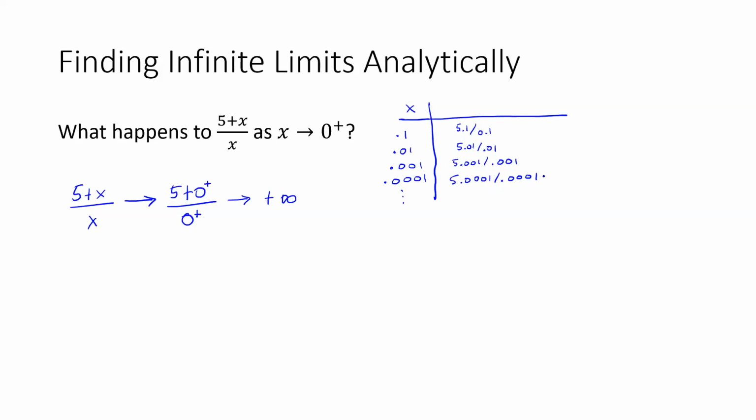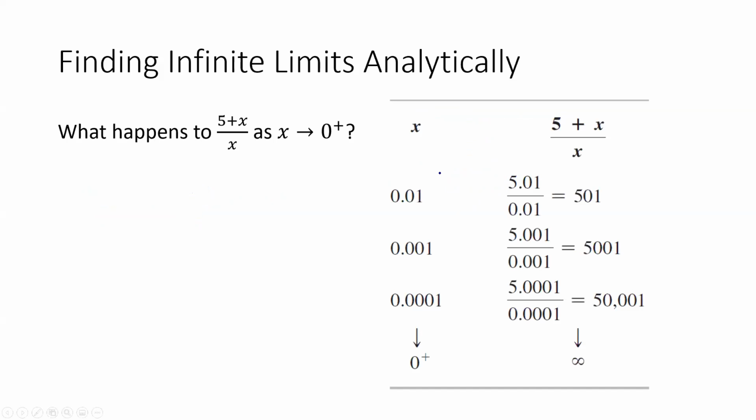Okay. So that's one way to think of it, right? As x gets really close to 0, you get something that is getting really big when we divide, right? So here's maybe a bit better picture. You get something down here, 501, 5001, 50,001.